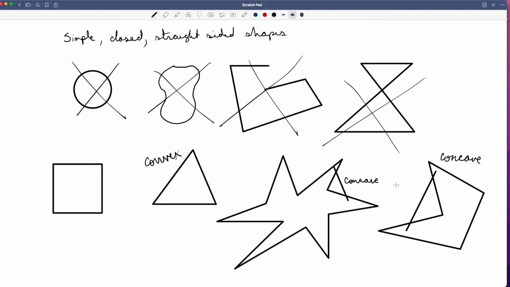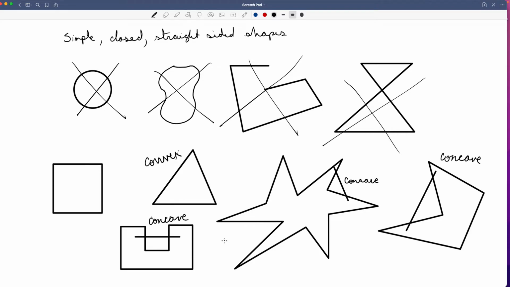They're either going to be concave or they're going to be convex. And most of what we deal with is convex. But I know you remember shapes that we've done to find perimeter, like these types of shapes. That's a concave shape because we can draw a line across the outside and hit the outside of the shape. So that'd be a concave shape as well.